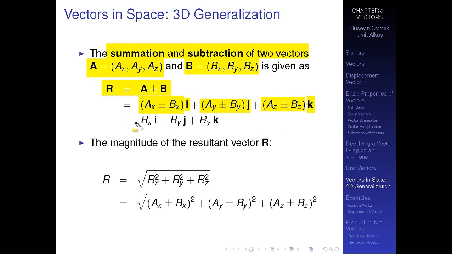Or in terms of the components of R, we write easily rx i plus ry j plus rz k, where the plus sign shows the summation and the minus sign shows the subtraction.